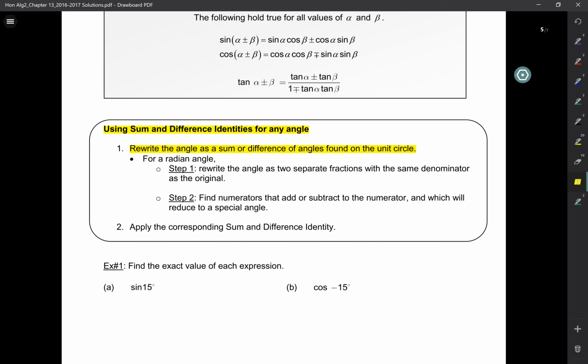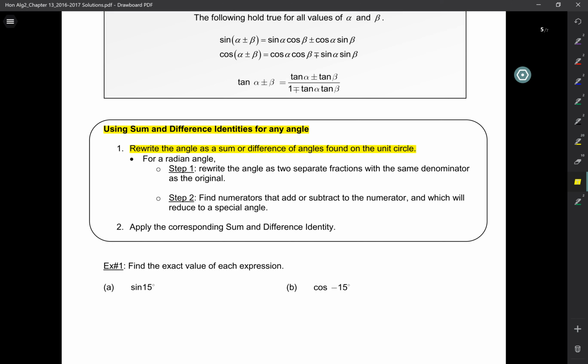So you have like 210 and 135 and 120, and all of those are fair game. And if you can write it in terms of those, then you're good to go. So for example, you could take 135 and a 30. Together, that's 165, and you can find the cosine of 165.